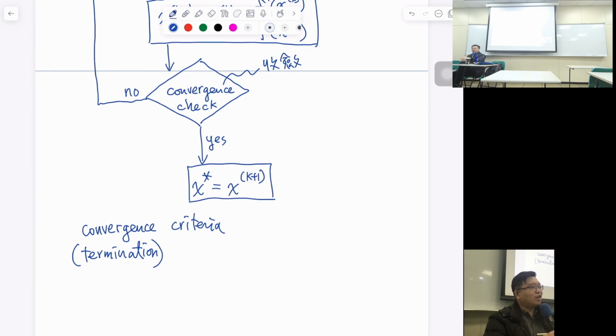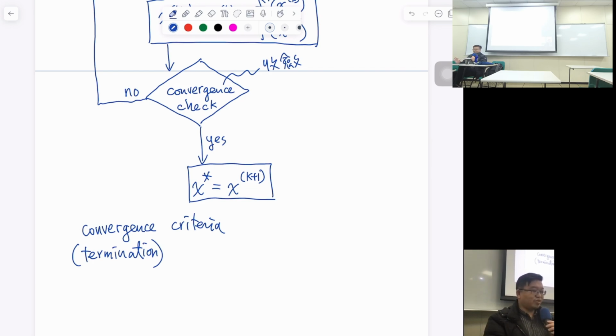You need to tell the reader how the process terminates. Otherwise, other people cannot duplicate your research results. Many times, people forget to describe the convergence criteria.